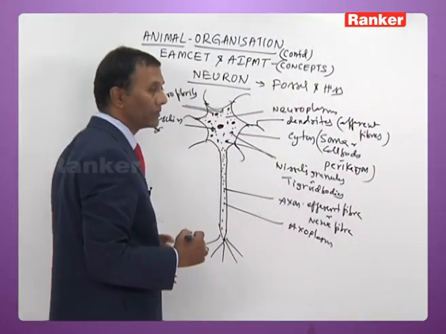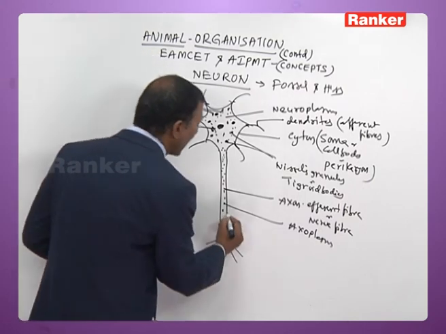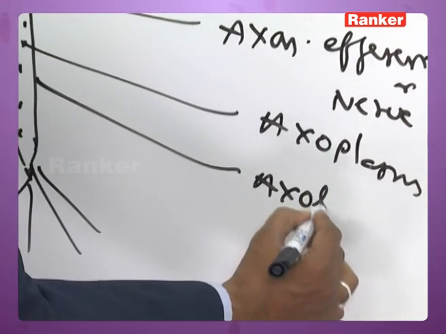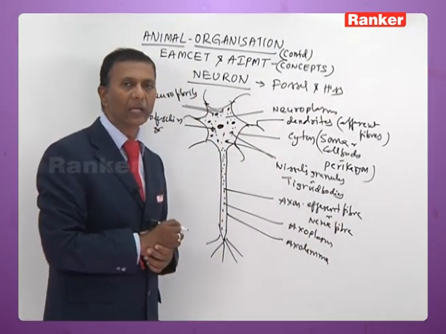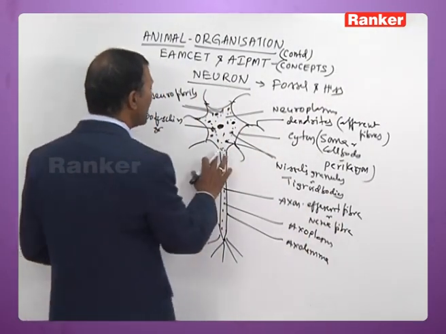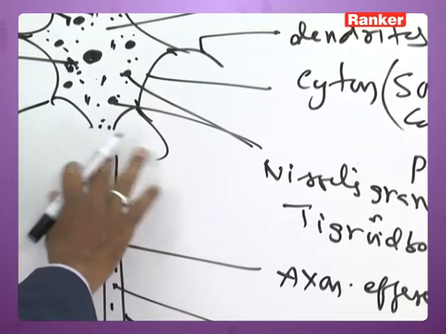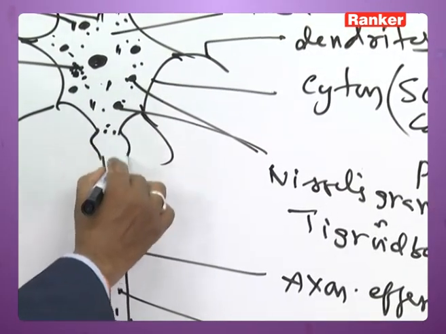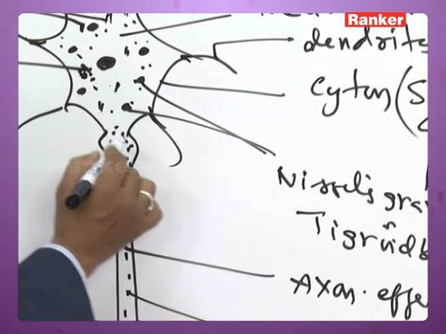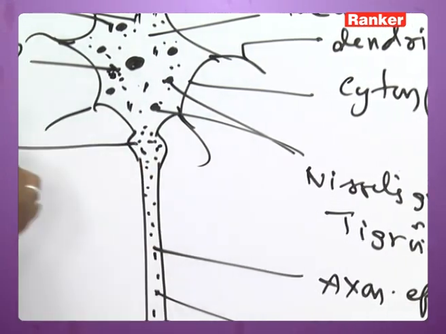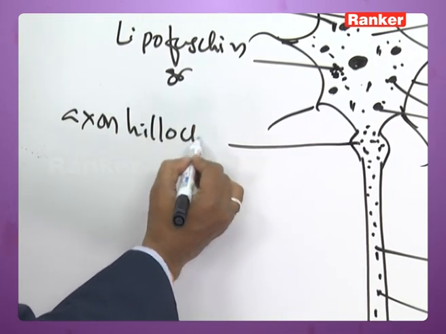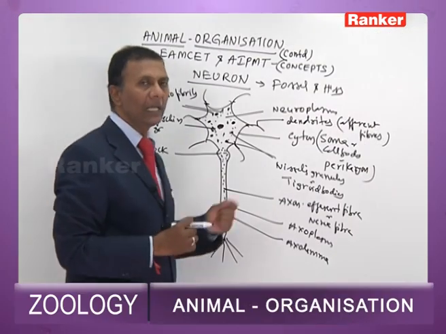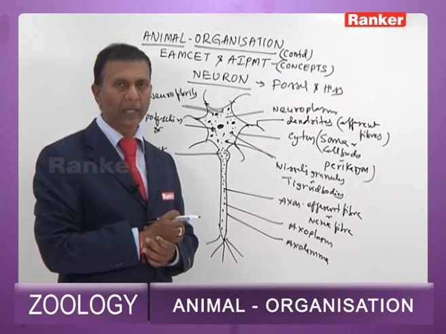The outer layer of axon is called axolemma. The axon is slightly bulged at its proximal end. This bulged part, the proximal bulged part of axon, is called axon hillock. The axon hillock gives support to cyton.